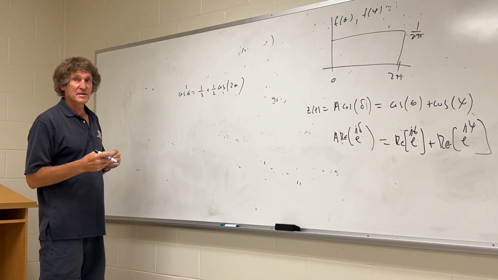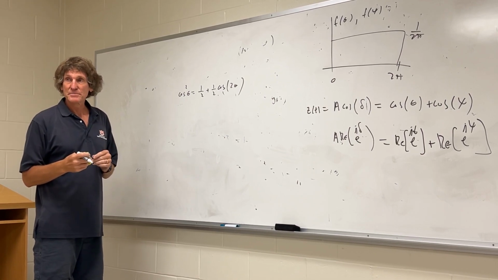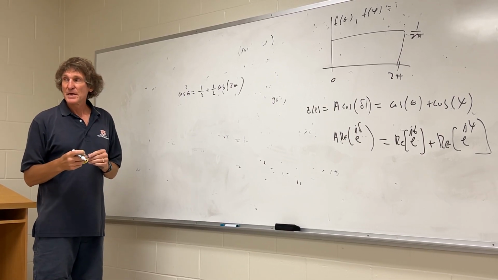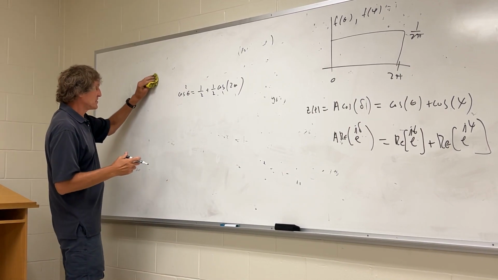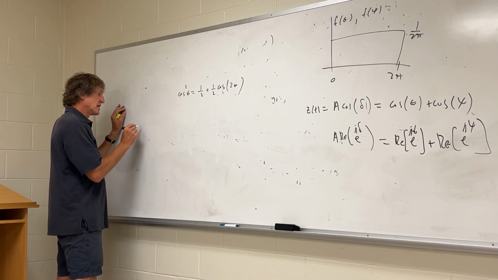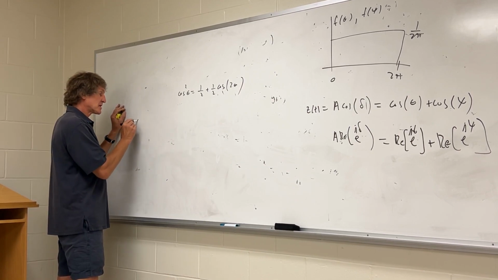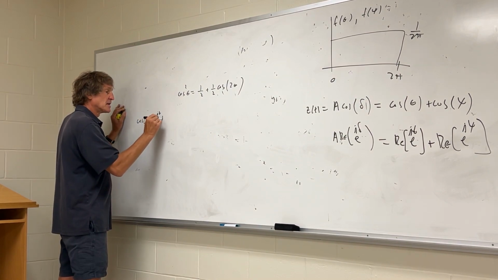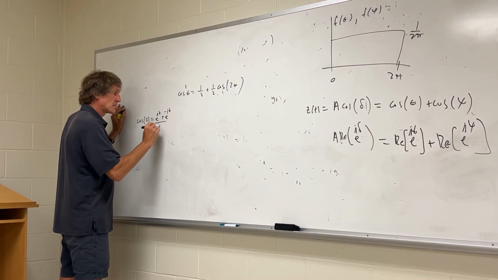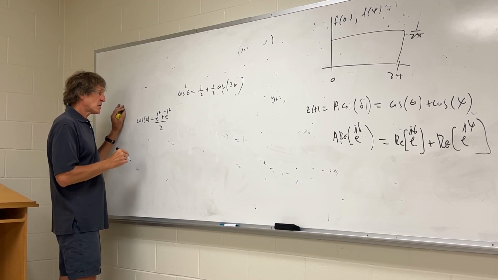Y'all remember that? Isn't that right? Yeah. If you don't remember, you can always get these things, and I'll tell you probably a few more times before it's over. Anytime you wonder about this, you know that cosine of theta is equal to e to the j theta plus e to the minus j theta over 2, right? Go ahead and square it.